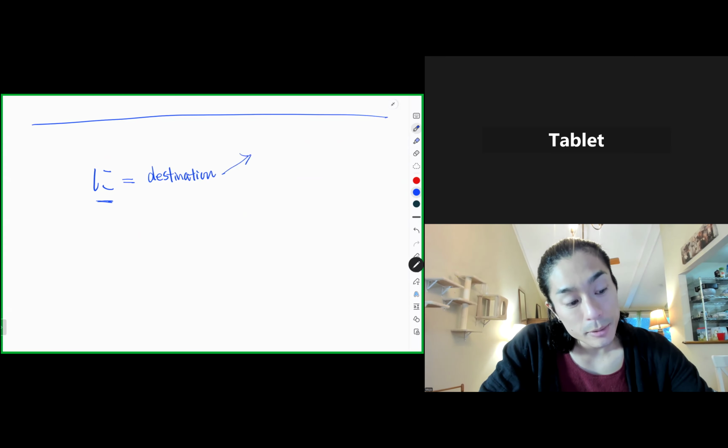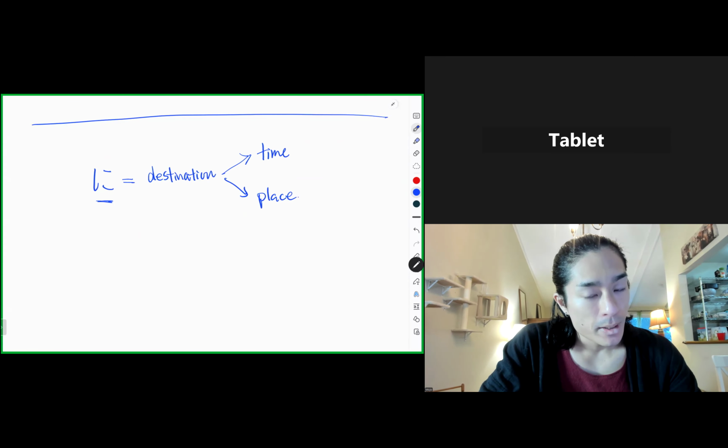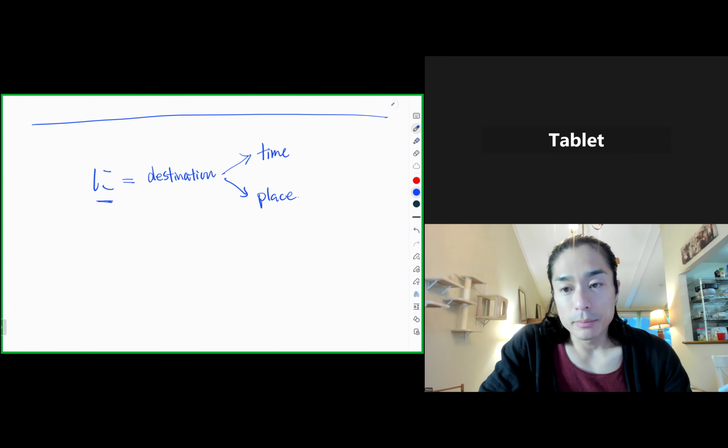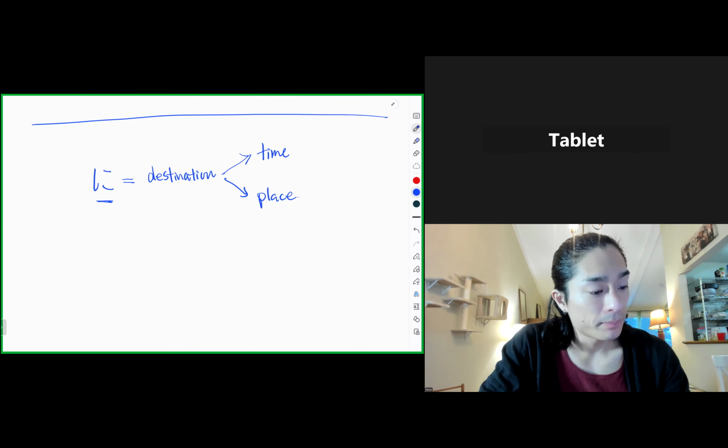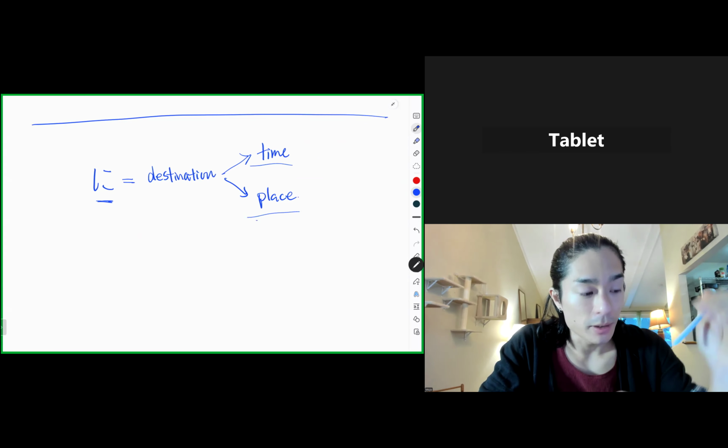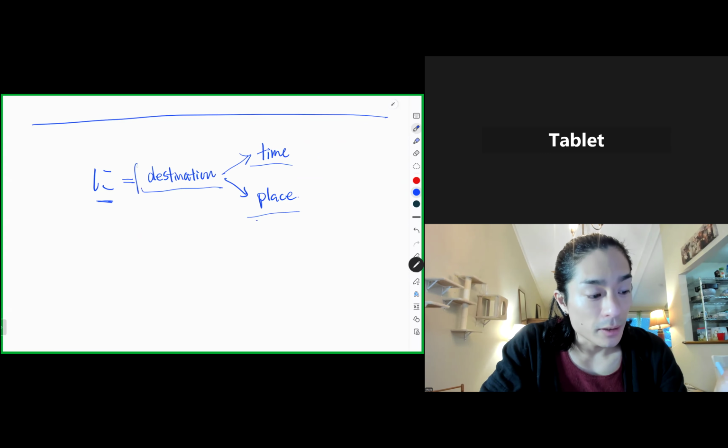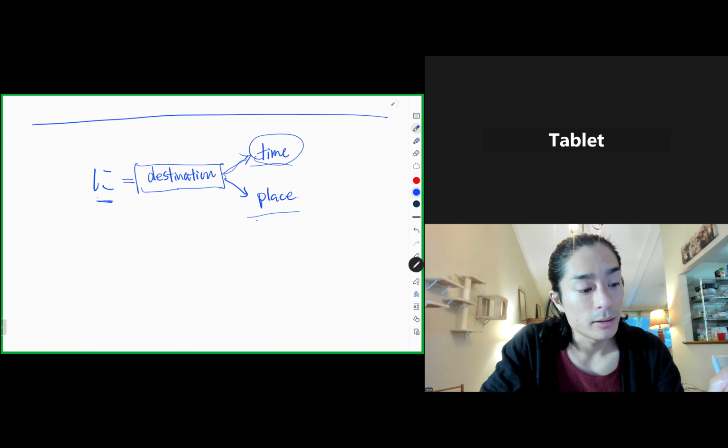Destination in terms of time and place. This is where the difference is compared to other teachers. They teach time and place separately, but it is the same function. Ni is about destination, destination in terms of time, and destination in terms of space or place, right?